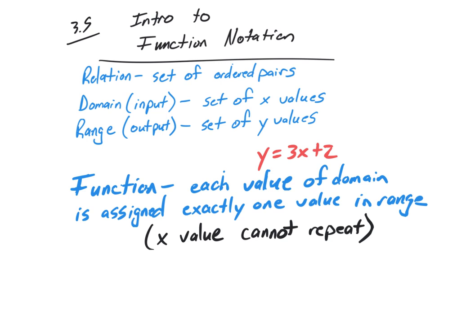If any of the x values repeat, then it will not be a function. Okay, and so you're going to have some questions today where it's going to ask you, is this a function, yes or no? And you'll have to say, yes, it is a function, or no, it's not a function. And we'll talk about some different ways that we can determine that. Okay, so those are the definitions that we're going to talk about.